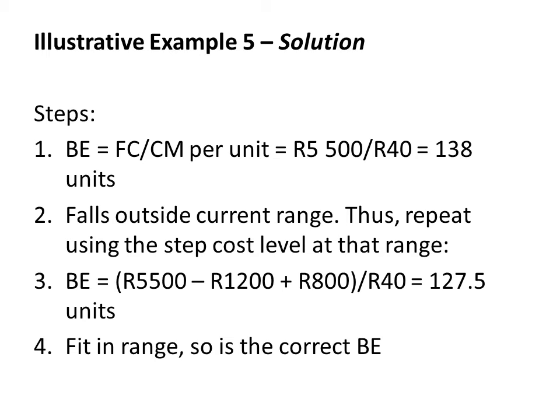So our new fixed cost will then be 5,100. We divide that by the contribution per unit, and we get a new break-even of 127.5 units. If you round up, 128 units, if it's something that can't be divided. That fits in the range of 100 to 150, where this 800 step fixed cost came from, so that's the correct break-even.